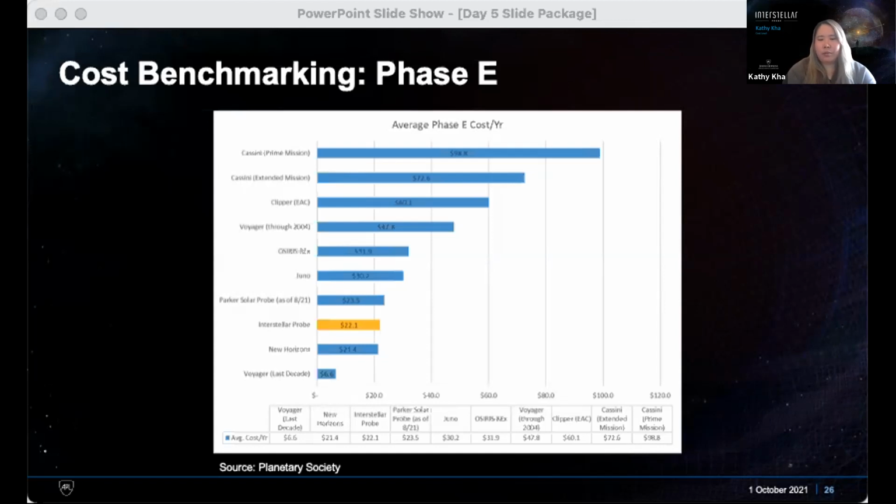In terms of cost per year, we're kind of in between the Parker Solar Probe and New Horizons. So it's not as big of a number as it looks like at first. Over 50 years, it is a pretty large number, but on a cost per year basis, we are actually on the lower end.